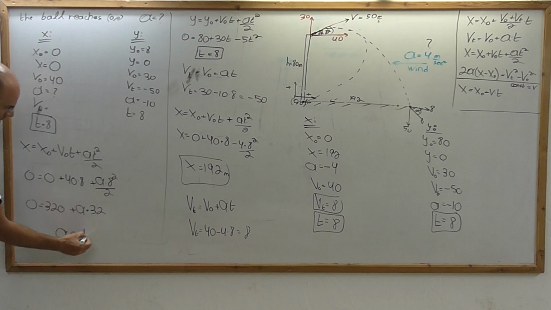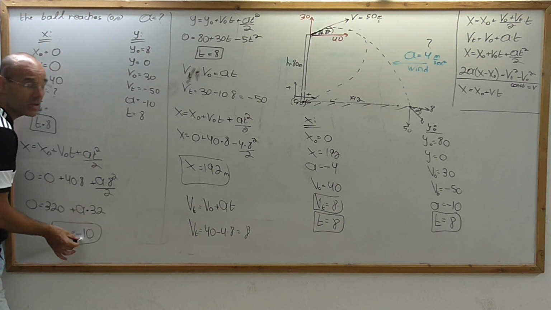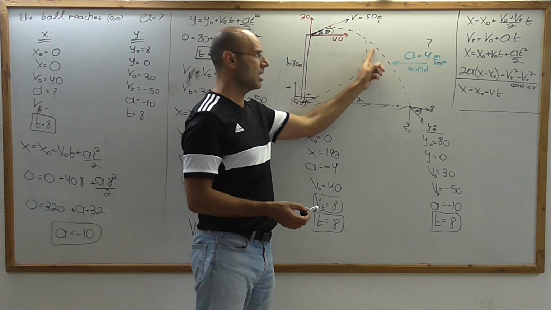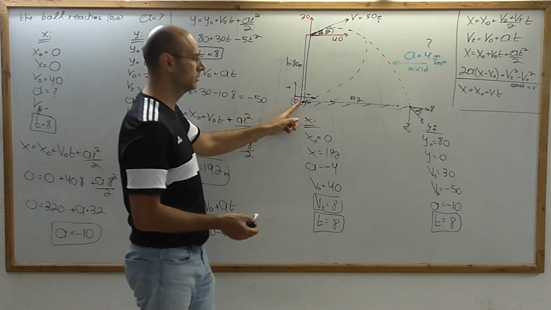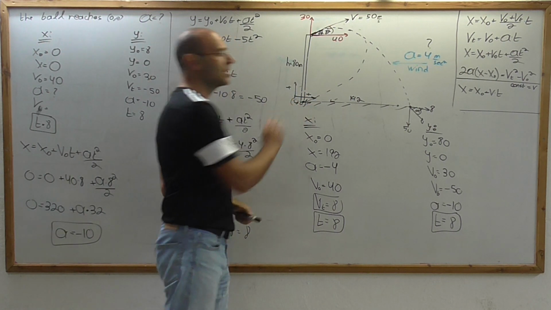So a equals minus 10, I think. I think so, okay. It doesn't really matter if I'm mistaken, but the idea is what's important. If the acceleration in the x-axis will be minus 10, it will slow it down and then start accelerating it backwards, and it will reach exactly the origin.